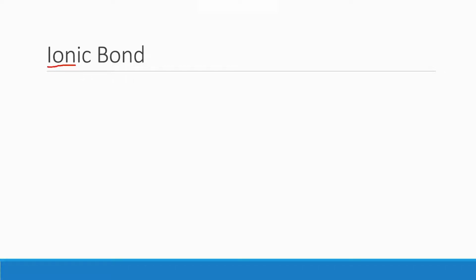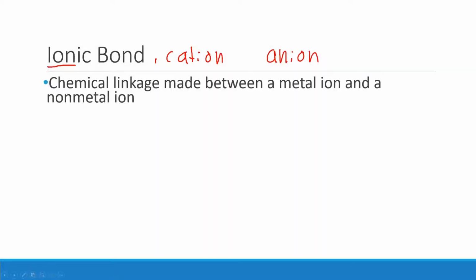We've seen this word ion before, and we know that there's two types. There are cations and there are anions. And that's exactly what an ionic bond is comprised of. It's a chemical linkage between a metal ion, or a cation, and a non-metal ion, or simply an anion.